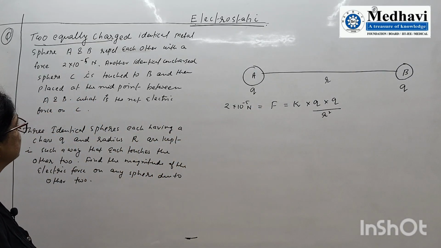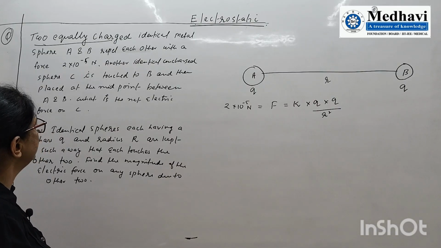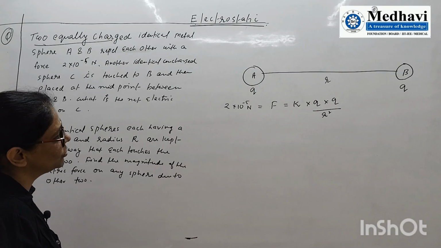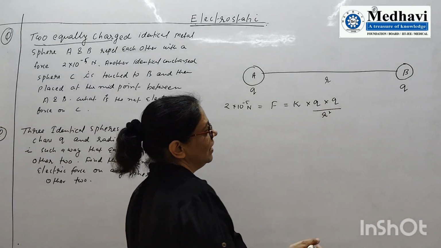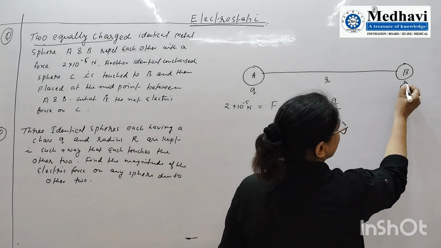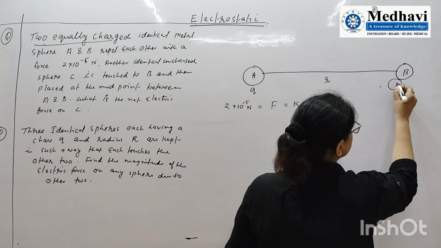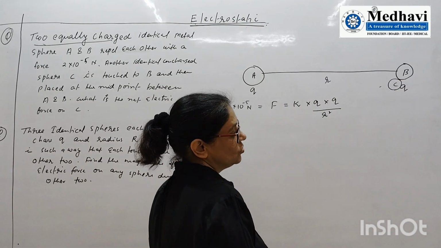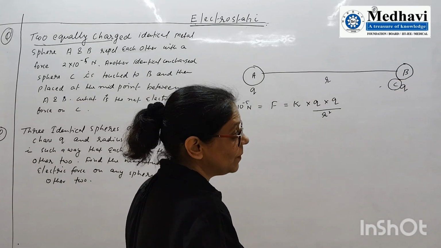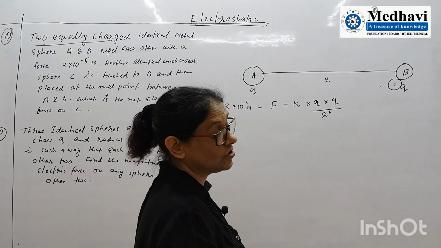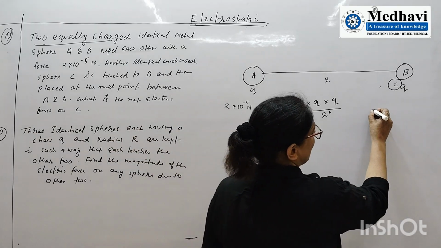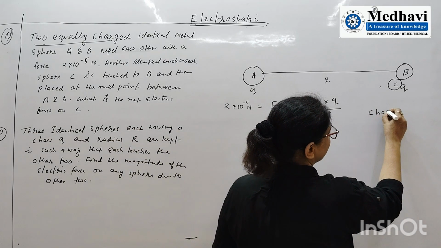Now the second part is that another identical uncharged sphere C is touched to B. So here another sphere is taken, that is C, and this sphere C is touched with B. I have explained in my previous video and short that charge is transferable.